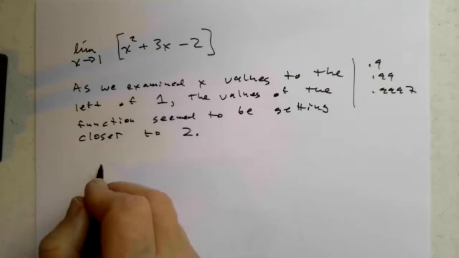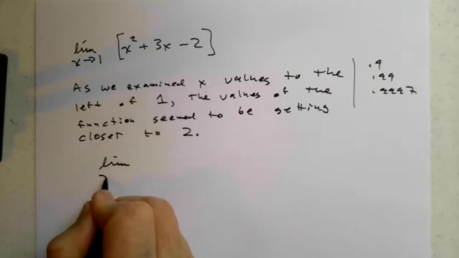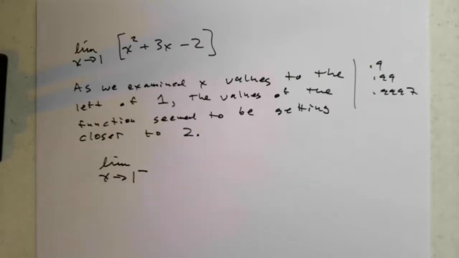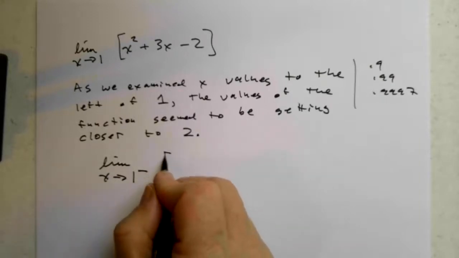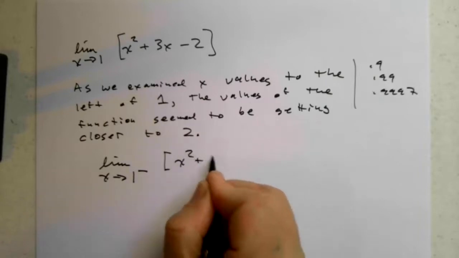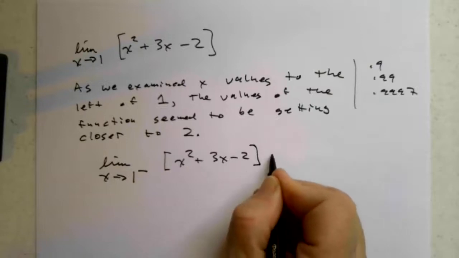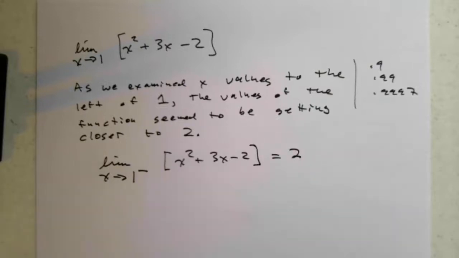The way we write that is, we say the limit as x approaches 1 from the left. This is the notation that we use. This is, again, not a proof, but it seemed to be 2.